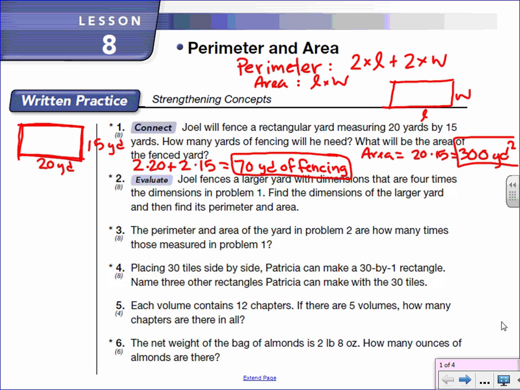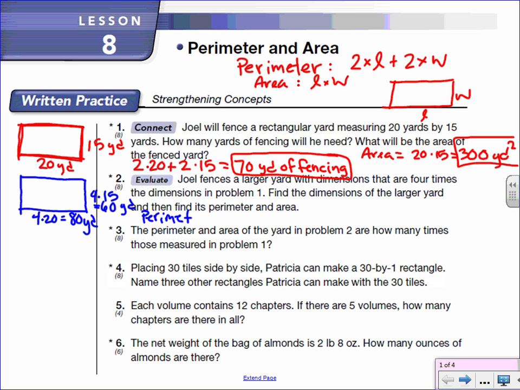In problem number 2, Joel is now fencing a larger yard with dimensions that are 4 times the size of the yard in problem number 1. So 4 times 20 is 80 yards, and then 4 times 15 is 60 yards. So now we have a yard that's 80 yards by 60 yards. Now we're going to find its perimeter and area.